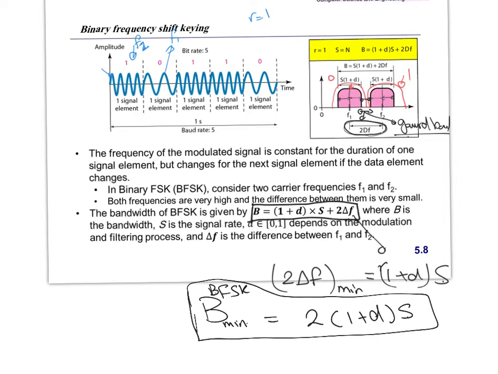So the bandwidth for FSK is at least double ASK. Clear, guys?